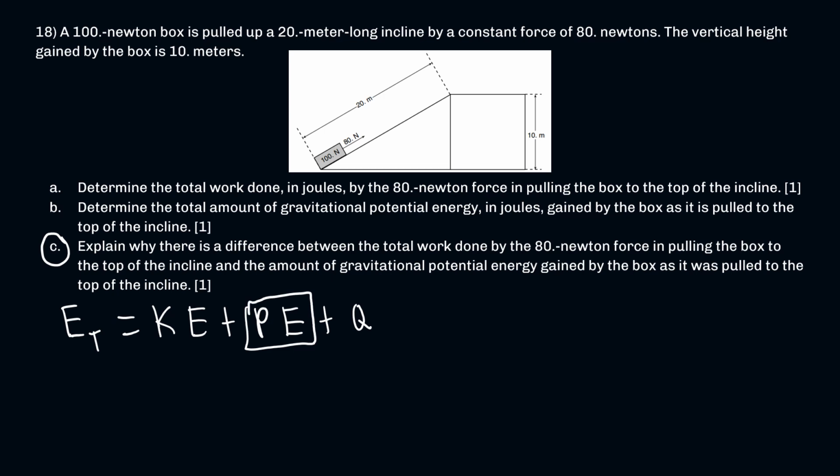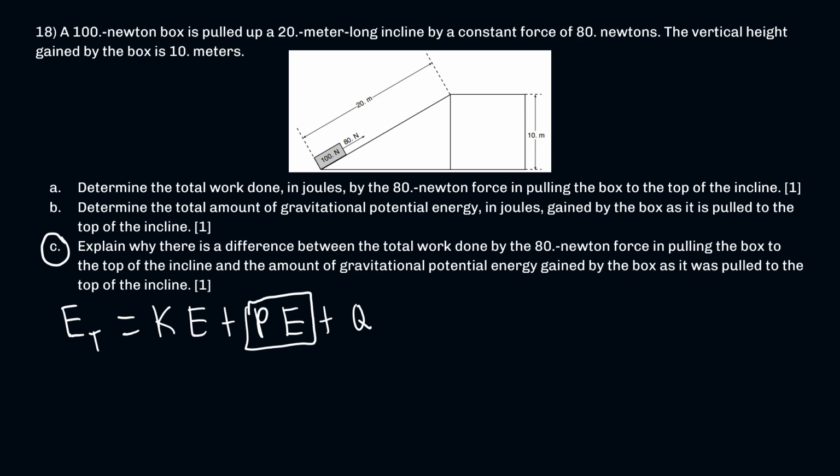So there has to be some other type of energy in order to balance this out, because energy has to be conserved. So my 1600 joules put in for total work is not equal to 1000 joules gained by potential energy due to gravity. So all I have to do is explain that there is some other type of energy present in the system, due to either kinetic energy, which would be if there's some kind of speed here.